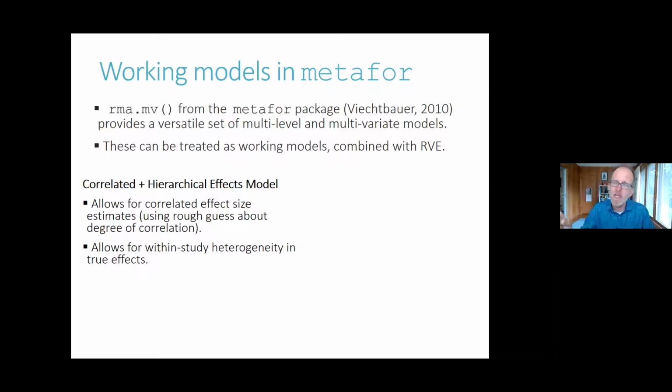If you're not able to get accurate information about the degree of correlation, you can still use a rough guess. As long as you're in the ballpark, this sort of working model will still be beneficial. The other feature of this model is that it allows both for within study heterogeneity and between study heterogeneity, so you don't have to ignore one of the levels of your data structure.